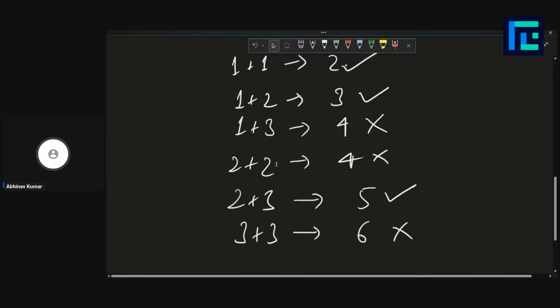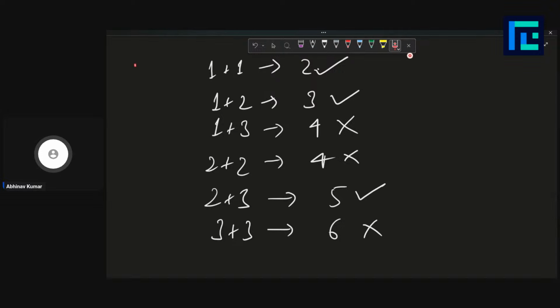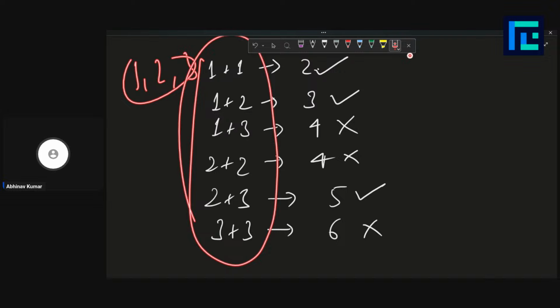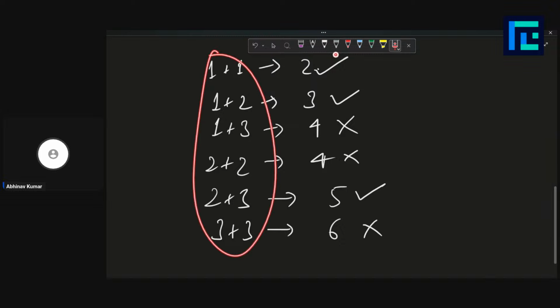So if you are picking any two numbers among 1, 2 and 3, these are the only 6 possibilities for the unordered pair. Obviously for 1 plus 2 you can also have 2 plus 1, but if you take them in sorted order, then these are the only 6 possibilities, and we would also have to consider the other way around.